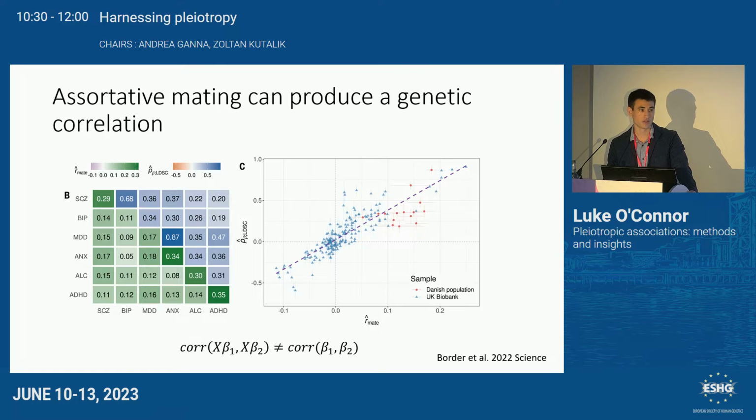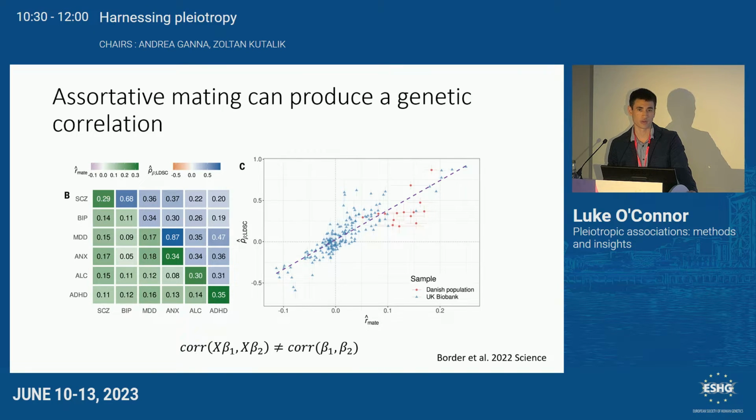But if individuals with one trait are more likely to mate with individuals with the other trait, then their offspring will have a correlation between the genetic components, right? So this is a way in which you can get a genetic correlation without actually having any shared biology. Now, I don't really think myself that this is a compelling explanation for most of the genetic correlations that we observe. I think that most of them do represent genuine shared biology, but it definitely can affect the genetic correlations that we observe.